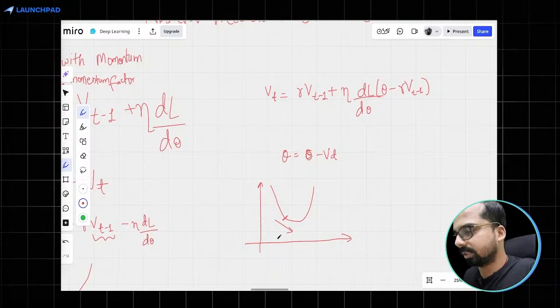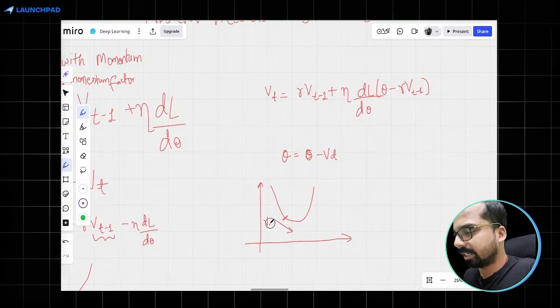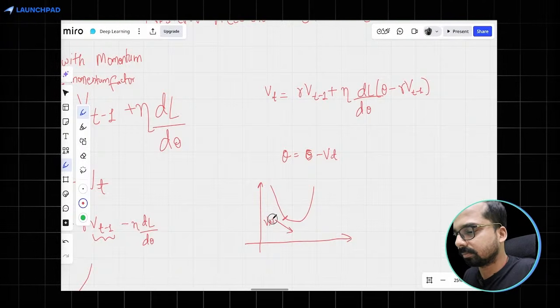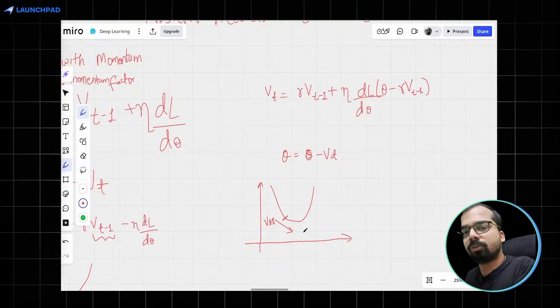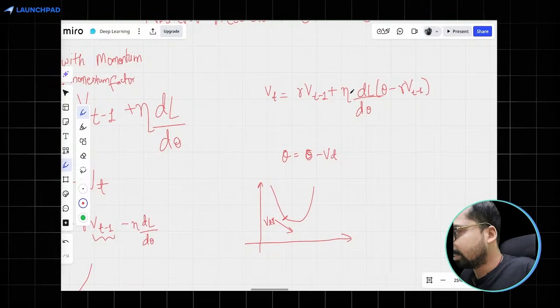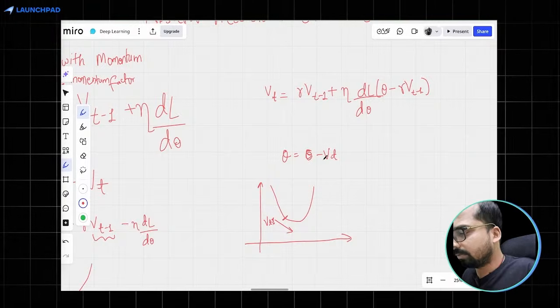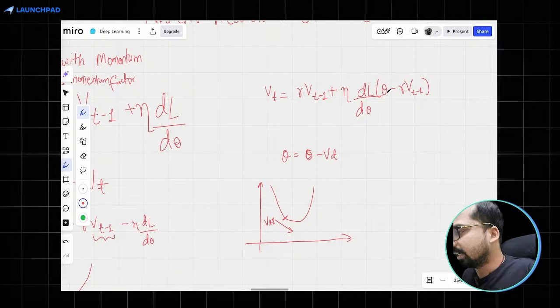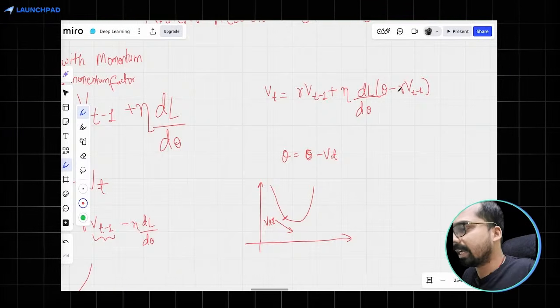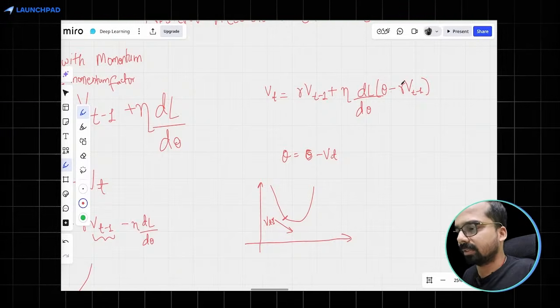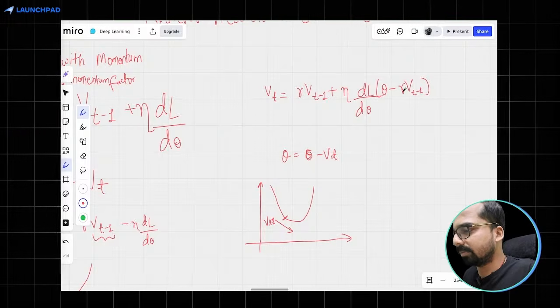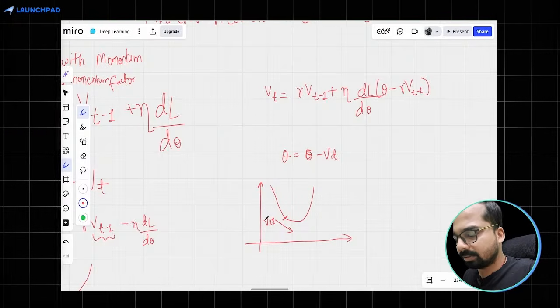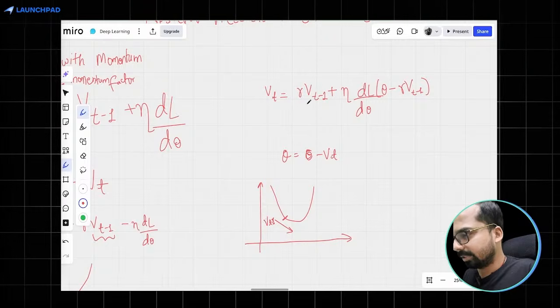This is my Vt minus 1, and it's saying go down. But in this term, instead of getting the slope at this point itself, we are saying get the slope at theta minus gamma times Vt minus 1. What does that mean? This is my Vt minus 1.